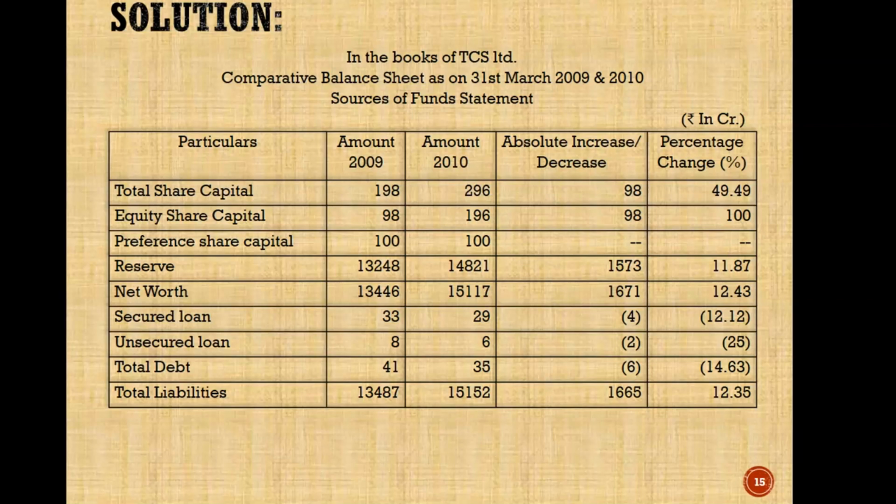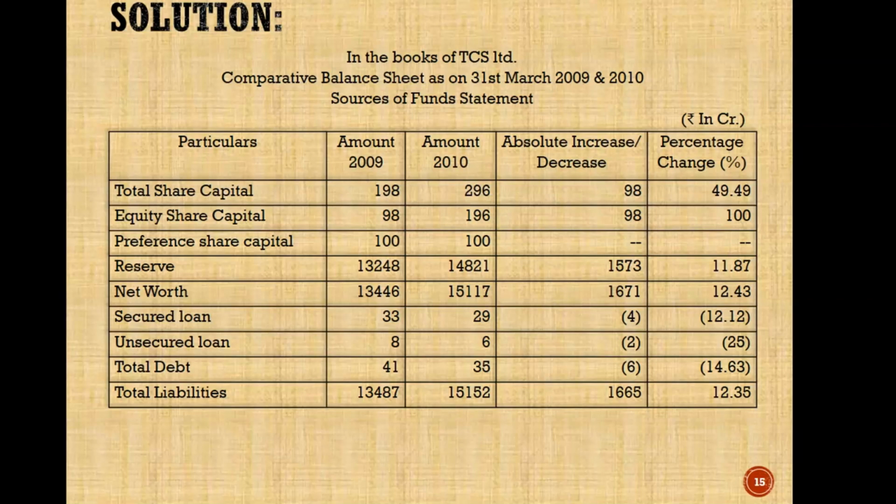In this way, total liabilities show an absolute increase of 1665 and percentage change is 12.35. So in this way, we have to present a comparative balance sheet. The thing to keep in mind is that an increase we show plainly, and in case of a decrease we have to present it in a bracket.